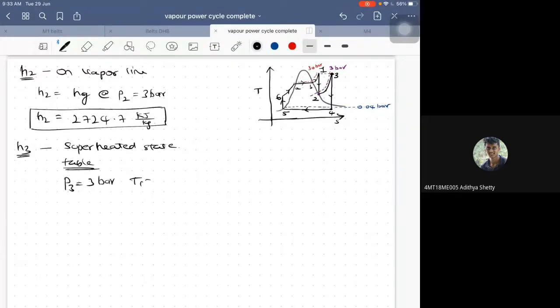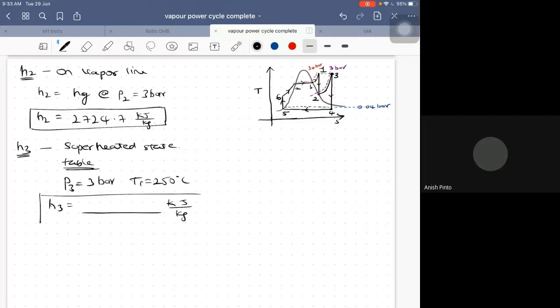Temperature is the same, 250 degrees Celsius. For this combination of pressure and temperature, what is the value of H3 directly from the steam tables? 2967.9, correct? Right. Correct. Now H3 is done.